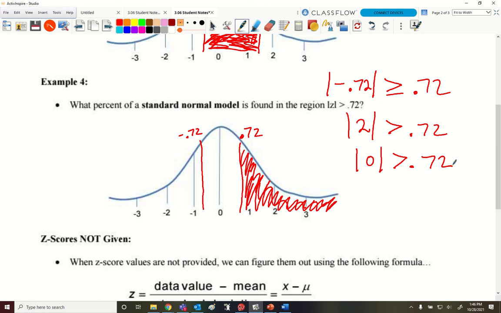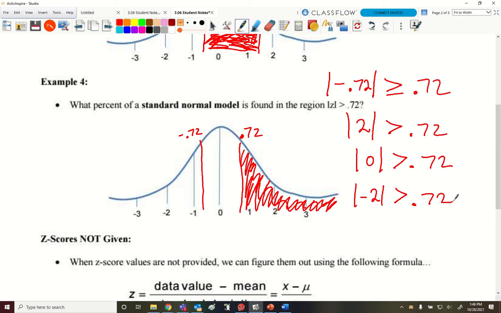Now let's pick a number on the left. Absolute value negative 2. Is that greater than 0.72? What does absolute value do? It turns it positive, right? So if it turns it positive, does that mean that's going to be greater than 0.72? Yes.